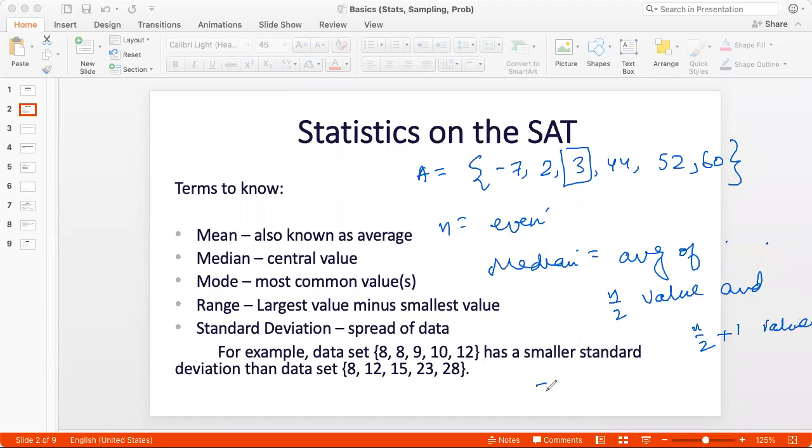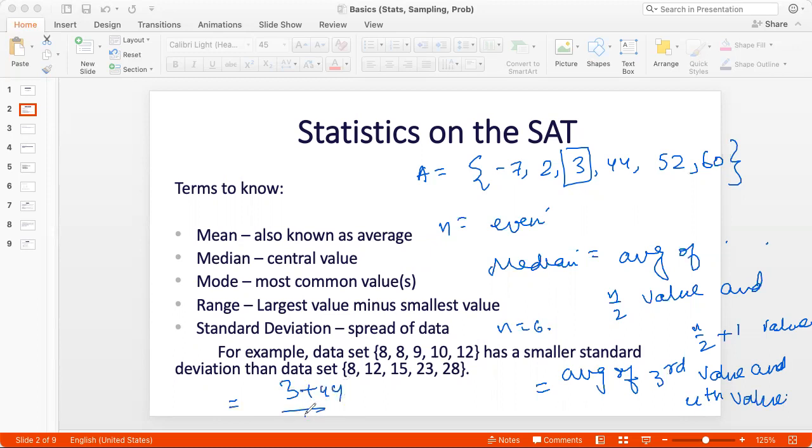What does that mean? So here n is 6, right? So the median will be the average of n by 2, which is the third value, and 3 plus 1, the fourth value. So the median would be the average of 3 and 44, which is 47 by 2, which is 23.5.